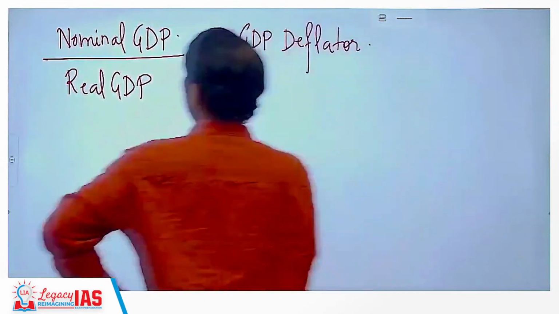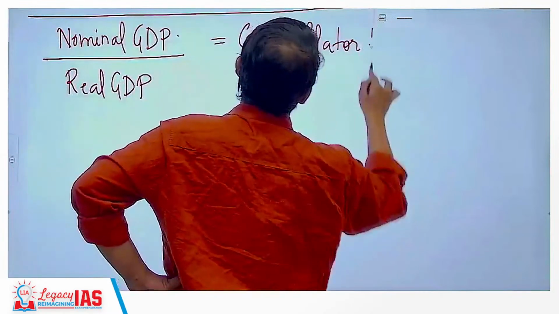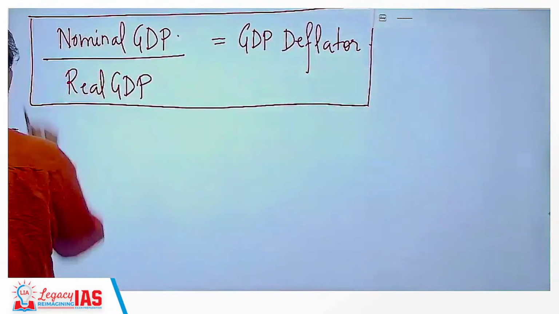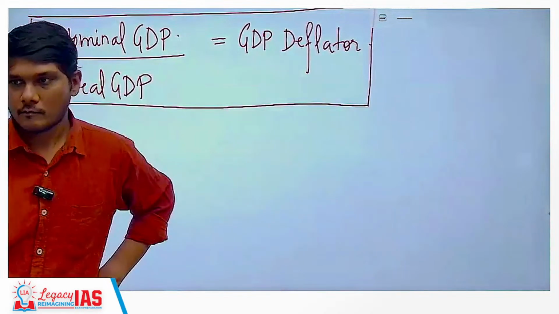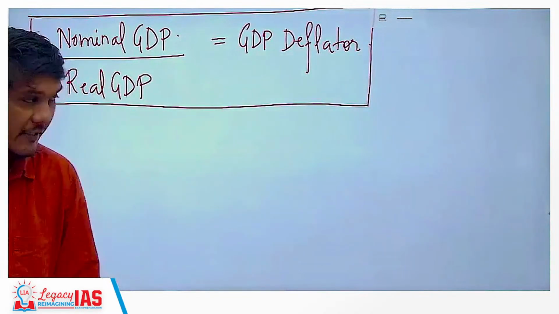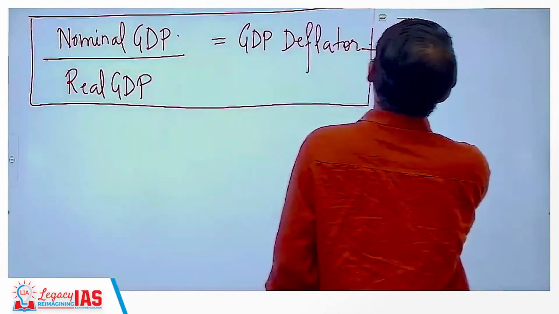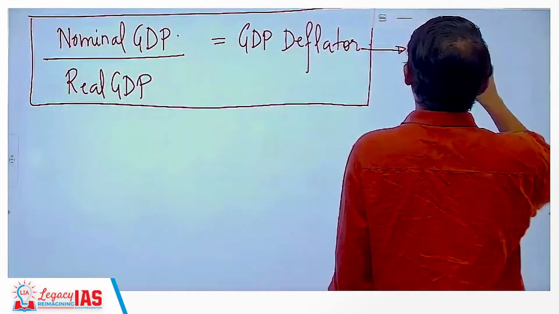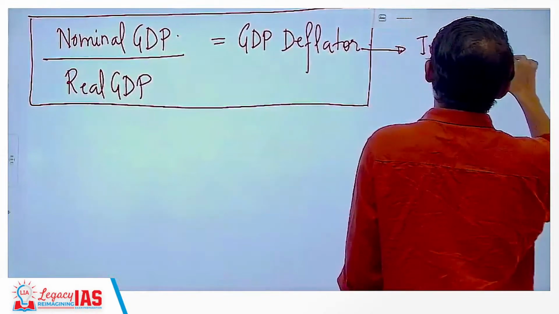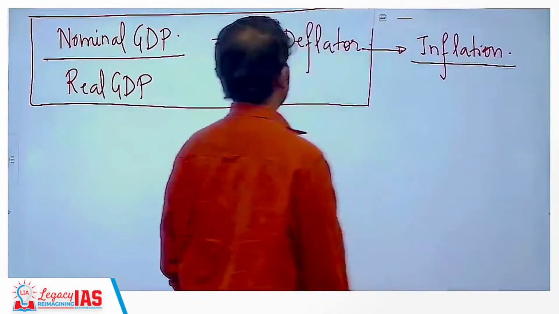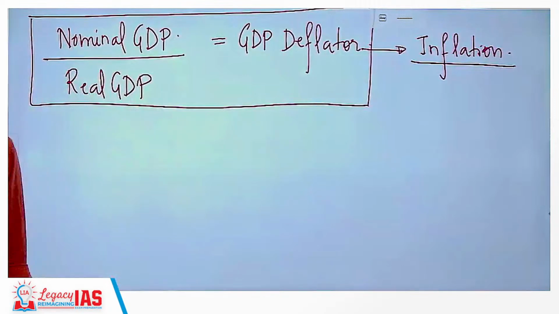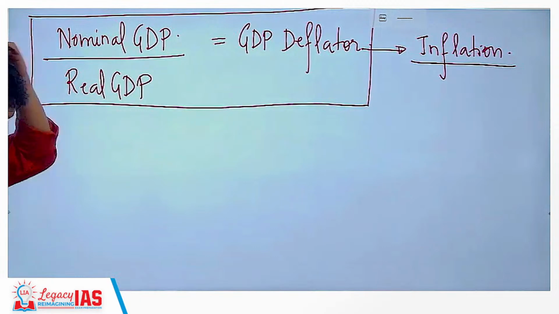Write down this formula, GDP deflator. GDP deflator is generally there to calculate inflation. Okay? Nominal GDP upon real GDP is equal to GDP deflator.